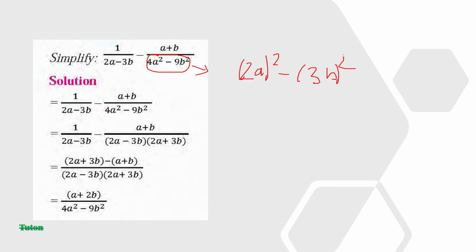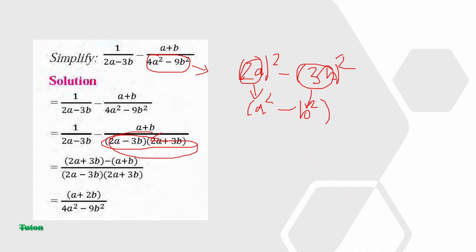We can apply the formula for a square minus b square for this term, which would be a plus b and a minus b. Here we take 2a as a and 3b as b, so we come down to 2a minus 3b multiplied by 2a plus 3b.